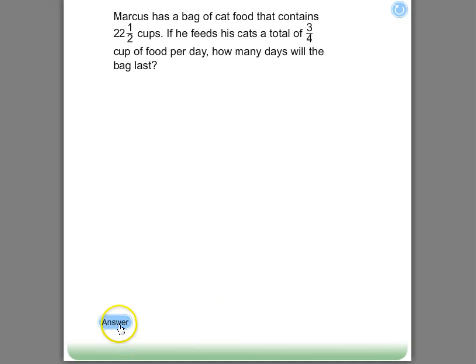All right. So here is the answer. So this should have been 30 days. Again, what we do here is, we have Marcus has a bag of cat food that contains 22.5 cups. If he feeds his cat a total of 3/4 cup of food per day, how many days will the bag last?